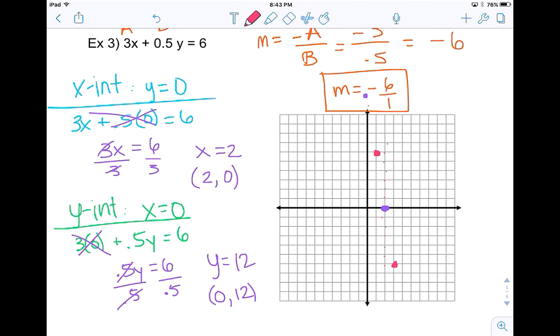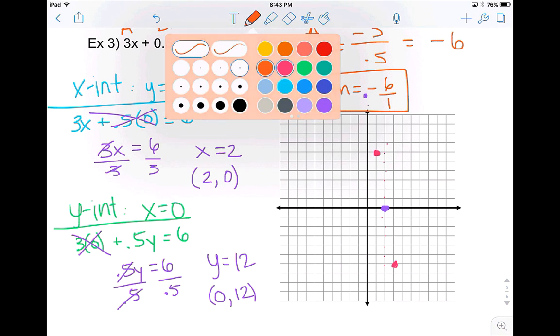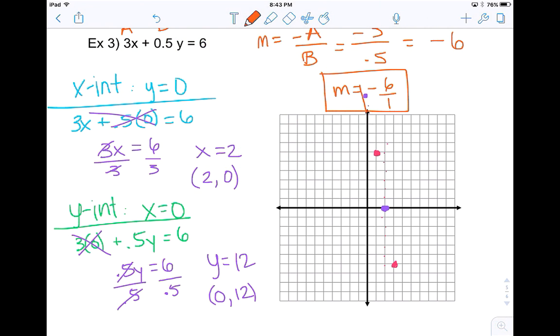Okay, and then those give me points that are a lot easier to graph than this y-intercept that went a little bit off the graph. So once you have those points plotted, draw your line, and you're good to go. Obviously that's not exactly through the points, but that's okay. All right.